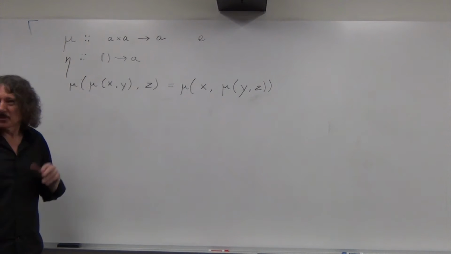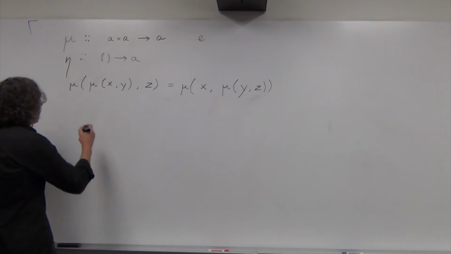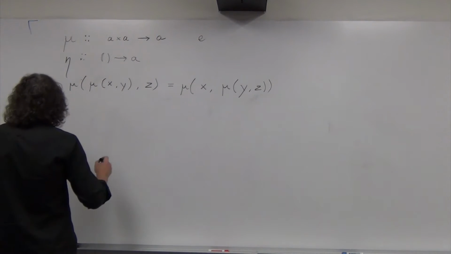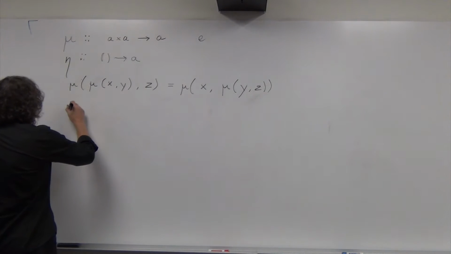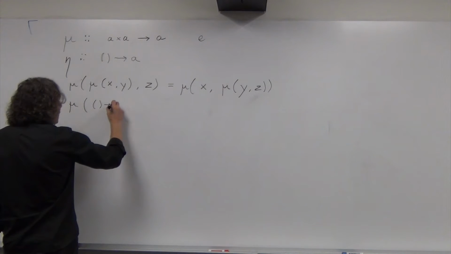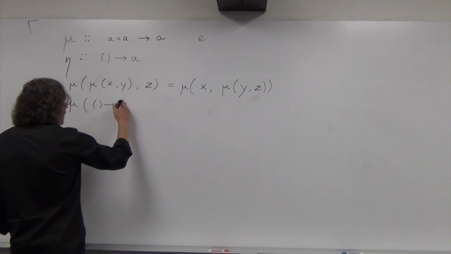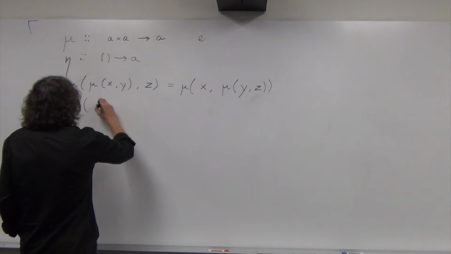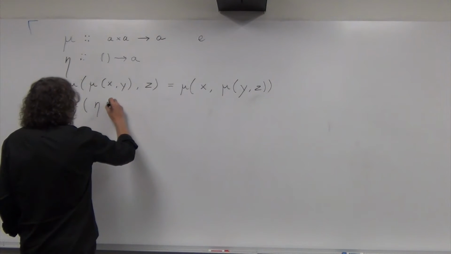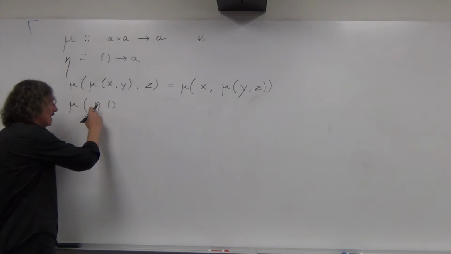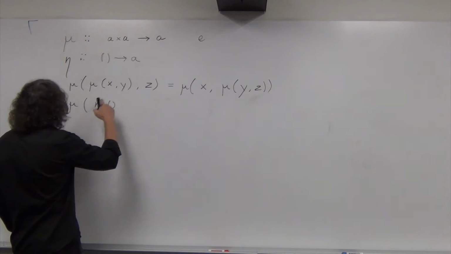So that's associativity written in terms of mu. We haven't done much, but that's a good starting point. Now unit laws. Unit laws would be like when you multiply a unit. You can get a unit by mapping the terminal object, or the singleton set, with eta acting on the element of the singleton set.